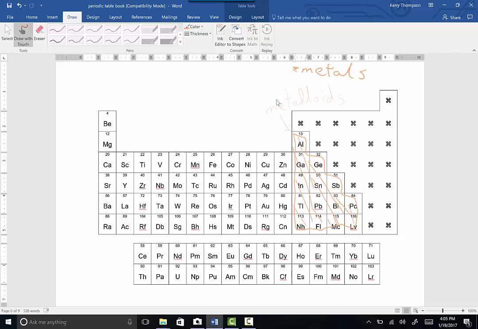What that means is that a metalloid is something that is brittle and can conduct electricity in certain situations. So they're brittle, they conduct electricity sometimes.